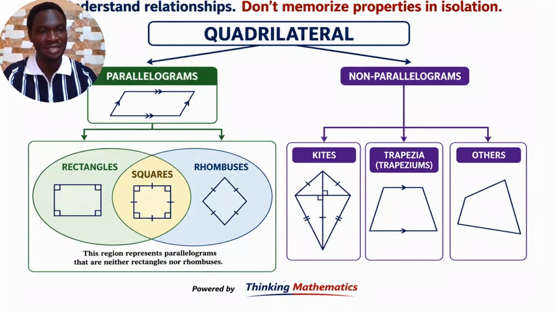That does not mean that a rectangle is not a parallelogram. Then we come to the non-parallelograms: we look at the kites, the trapezia, and then all the others. This approach to things is precisely what the author of Z series does.